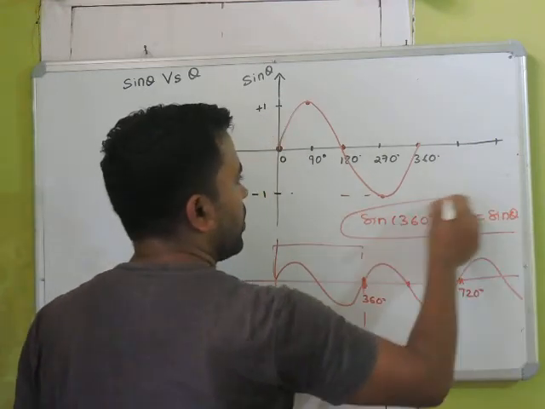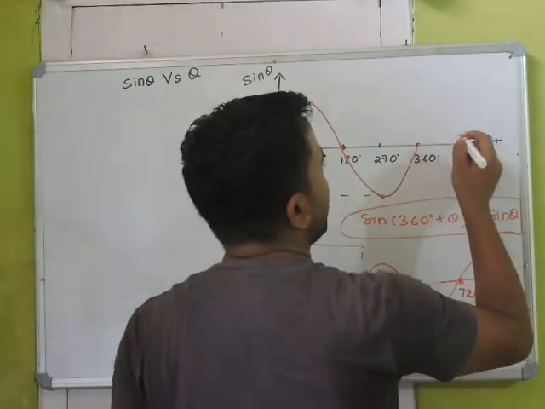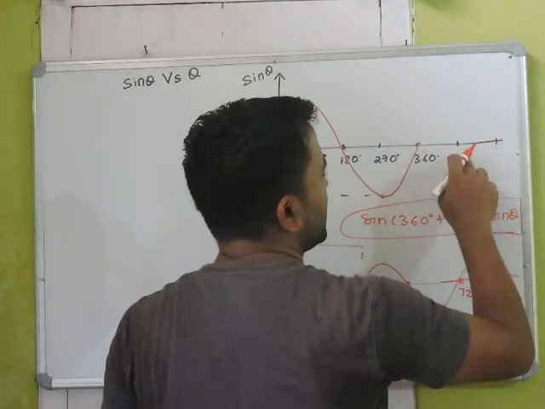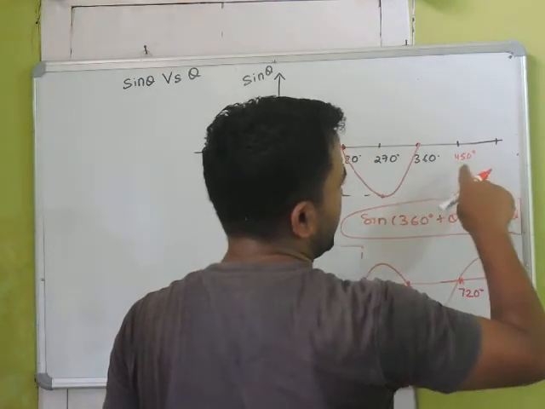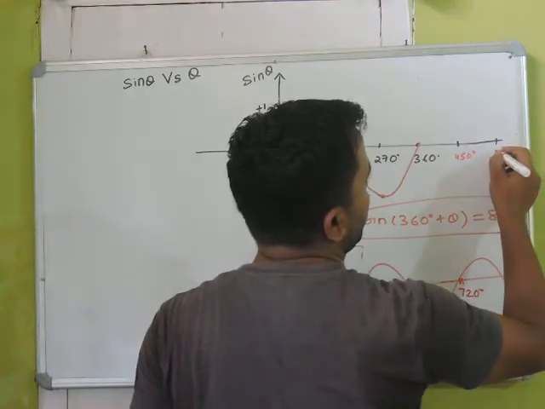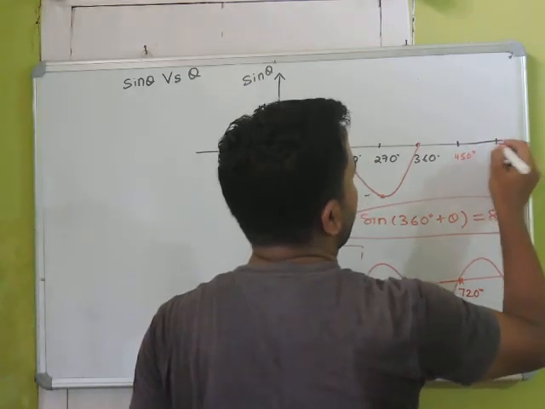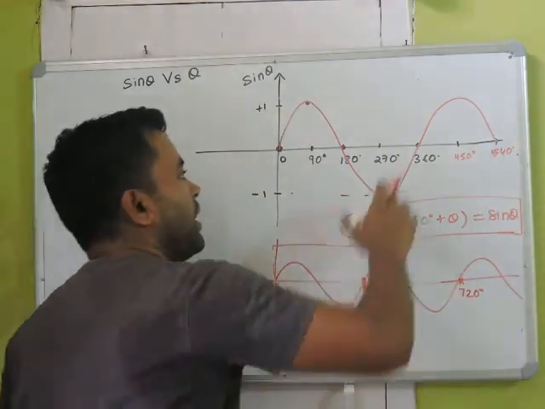That is one reason to call it a periodic function. Let me just complete it. If you add 90 degree to this, this will be 450 degree. If you add 90 degree to this, then that will be 540 degree or something. So it is going to be something like this, and it will continue.